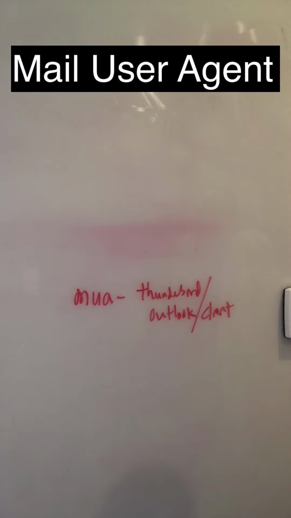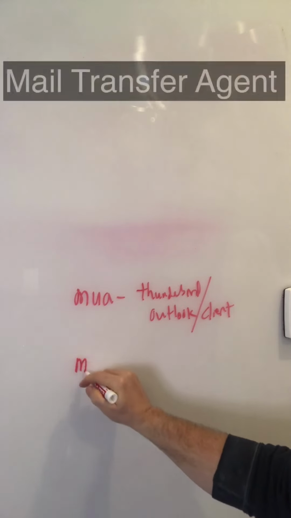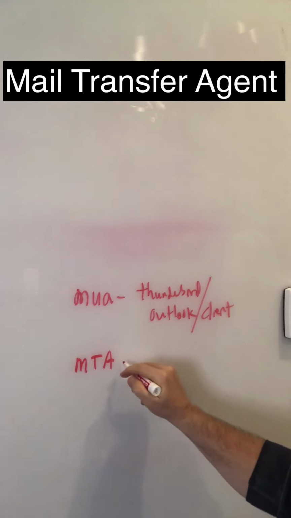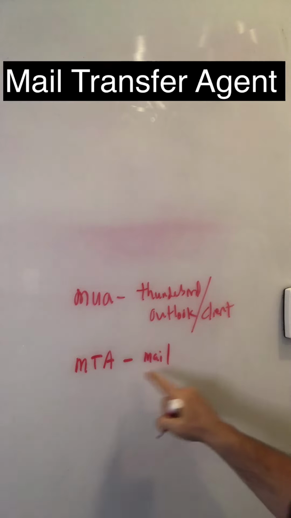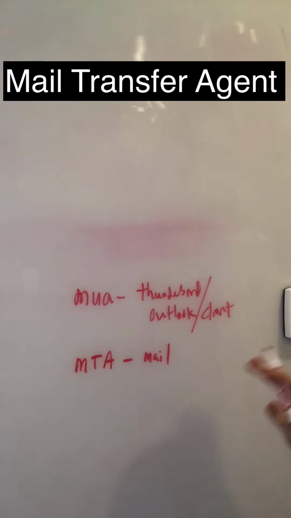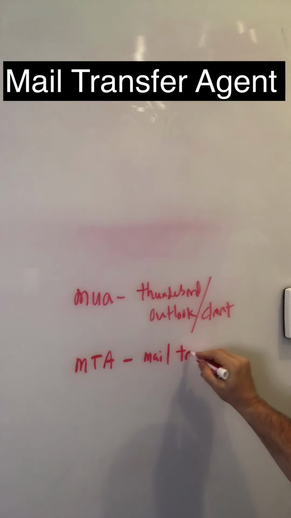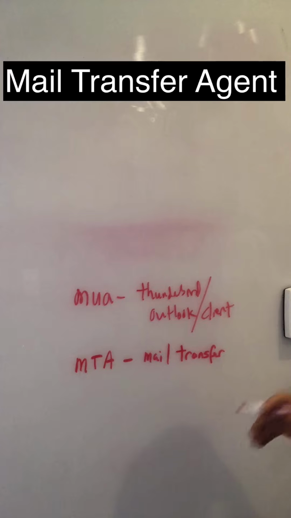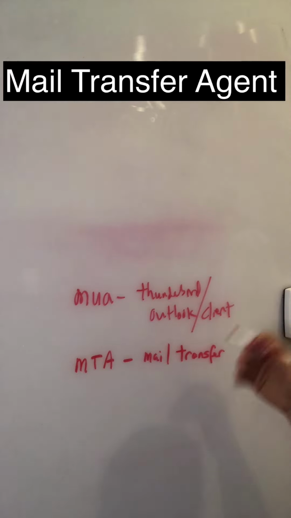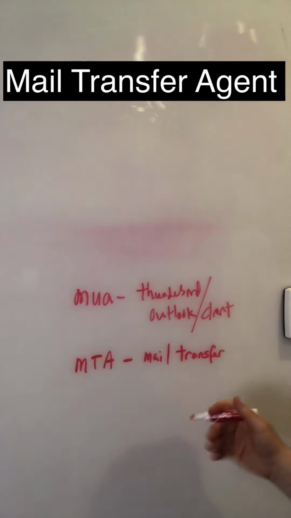The second one that I want you to remember that's relevant is the MTA. Now, I frequently mess up the T, but it is properly transfer. Let's see if I can spell here. It's not authority, which I commonly say, so if I say that during this video, please know that I mean agent.